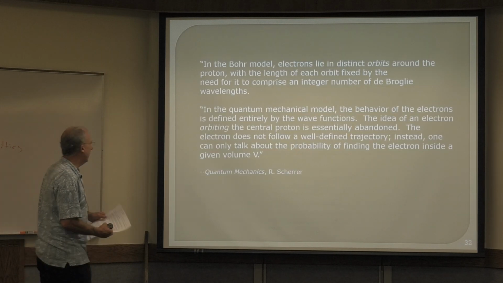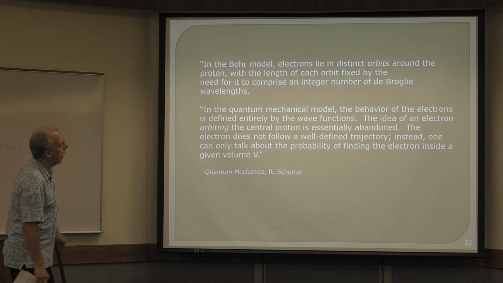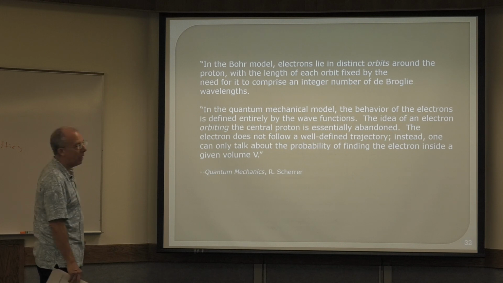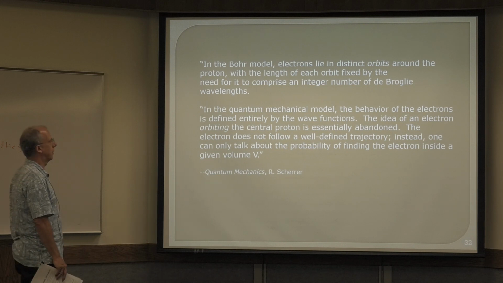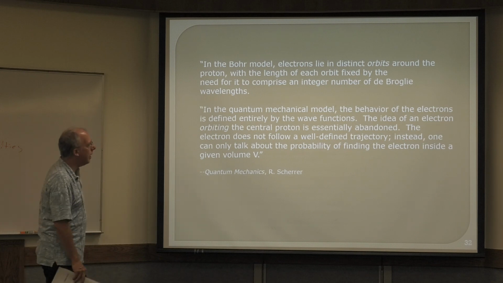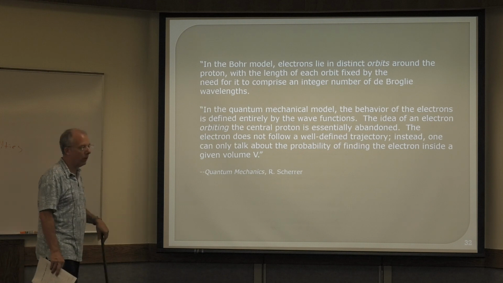Okay, so let's see. Here we go. In the Bohr model, electrons lie in distinct orbits around the proton, with the length of each orbit fixed by the need for it to comprise an integer number of de Broglie wavelengths. However, in the quantum mechanical model, the behavior of the electrons is defined entirely by the wave functions.